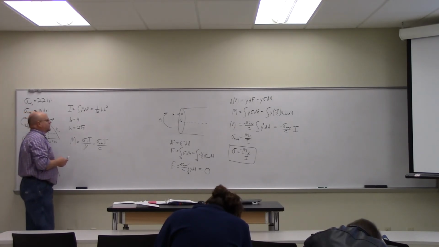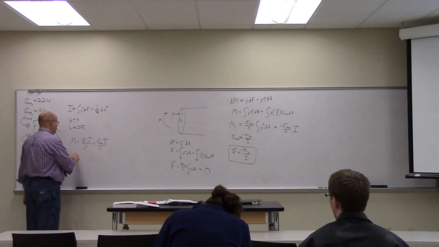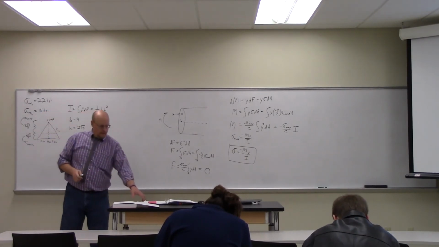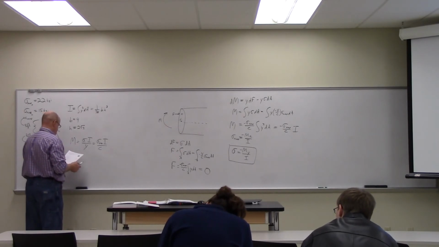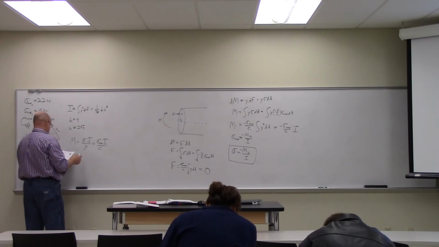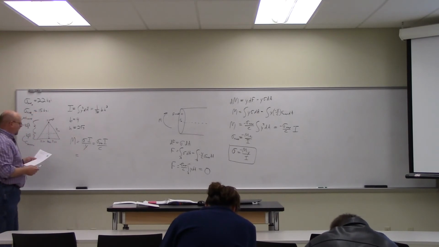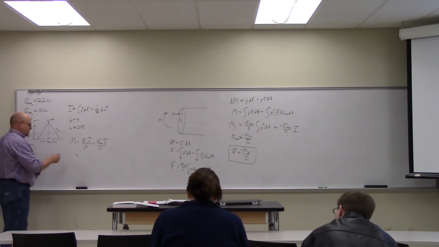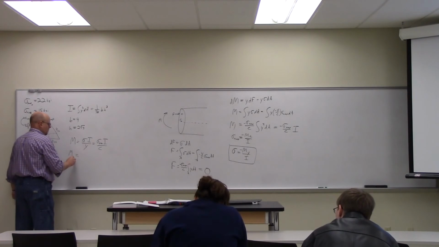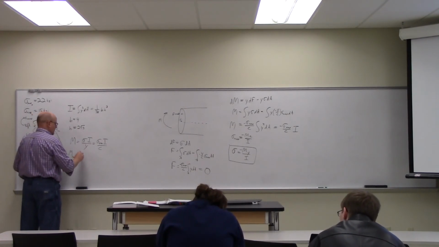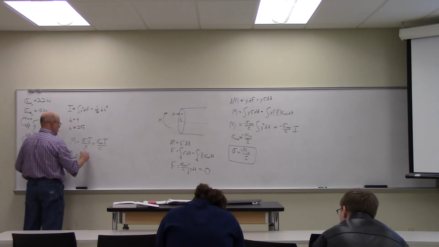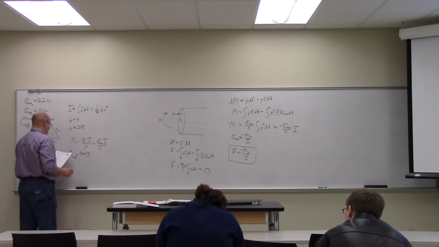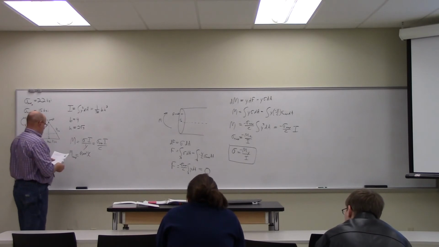All right, so let's see, get some numbers here. Which one do you do first, compression or tension? Okay, for the compression, we've got 15 times 10 to the third times, what's I?